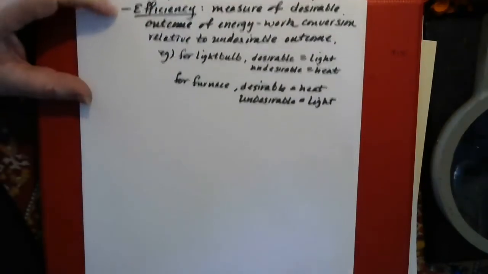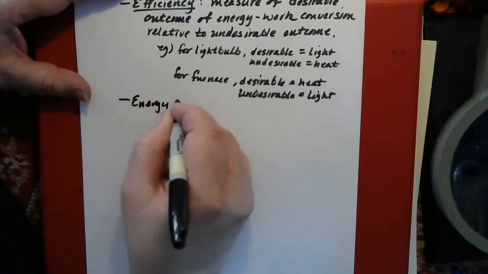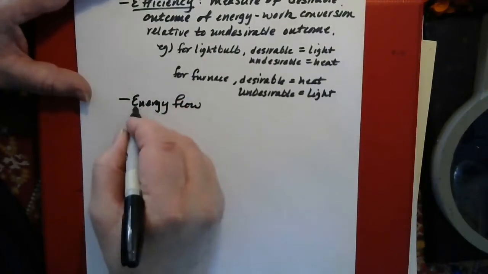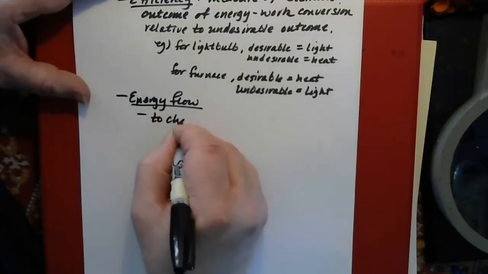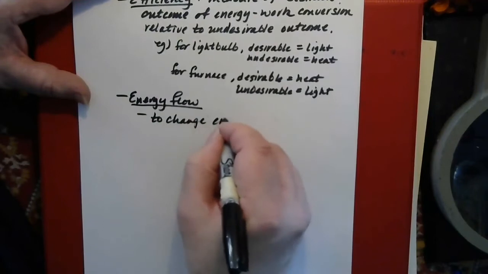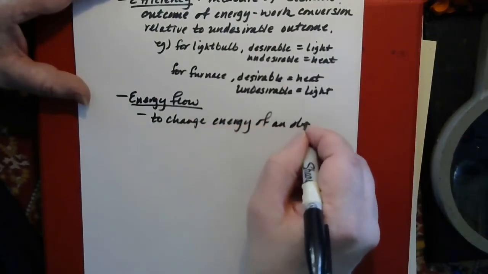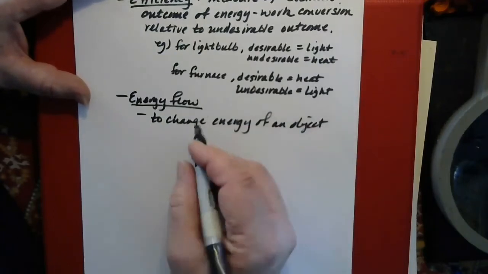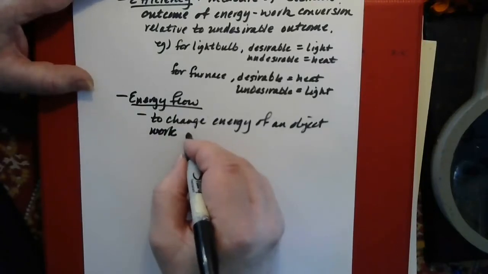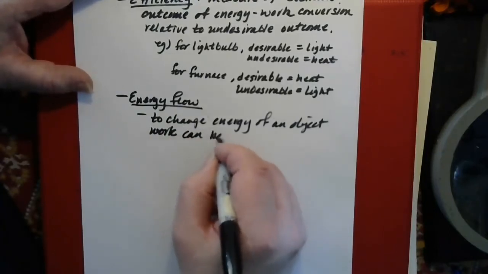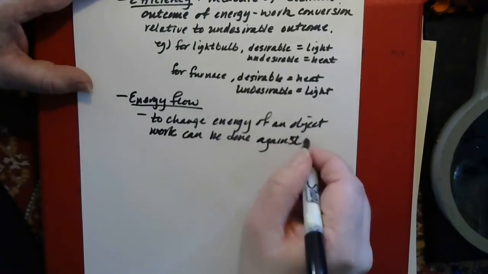Okay, there's energy flow, which has to do with moving energy from one place to another. To change the energy of an object, work might have to be done against one of the following.